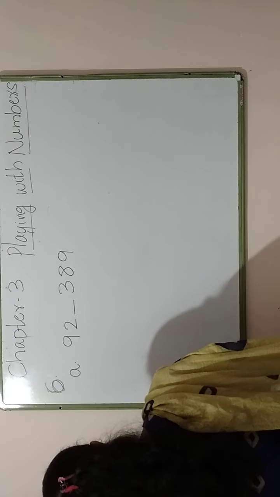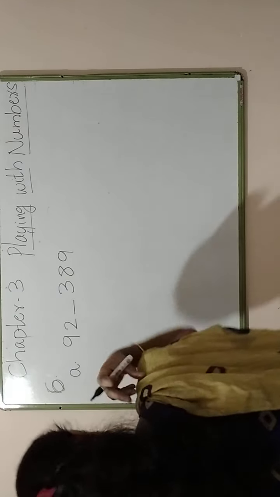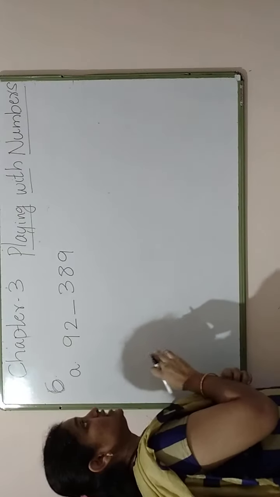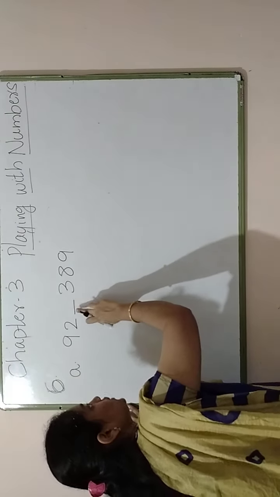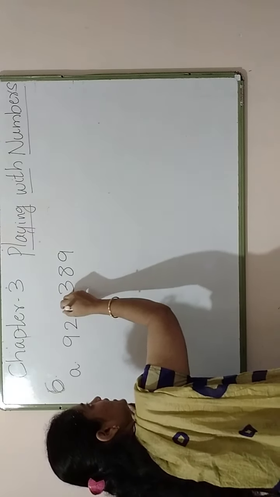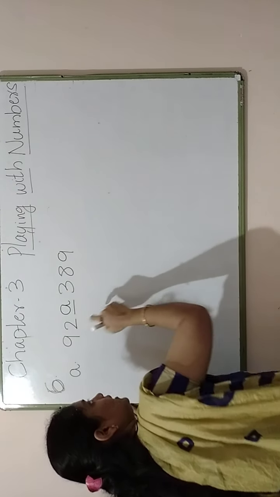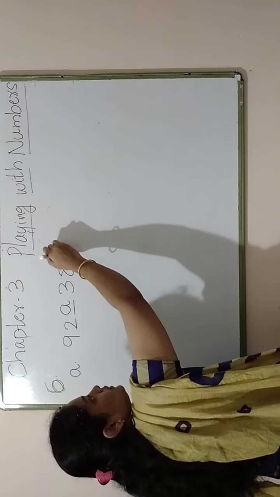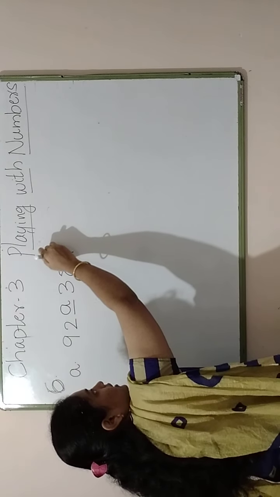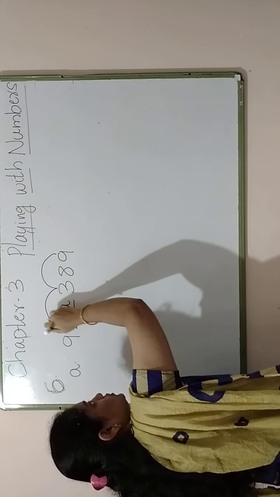Okay, so in order to find out this number, what we have to do is, let us take a in this part. Okay, right now let us consider this number as a small a. Okay, so the odd places numbers are what? 9, 3, 2.